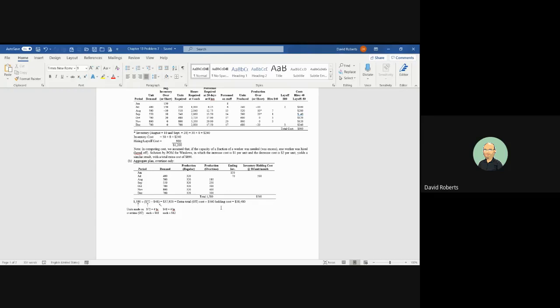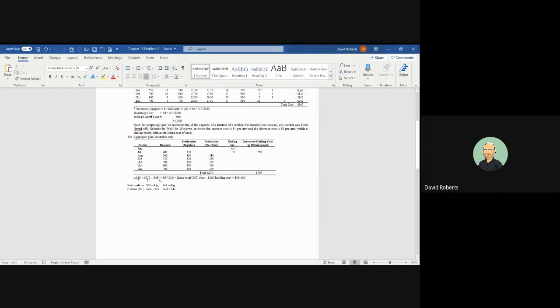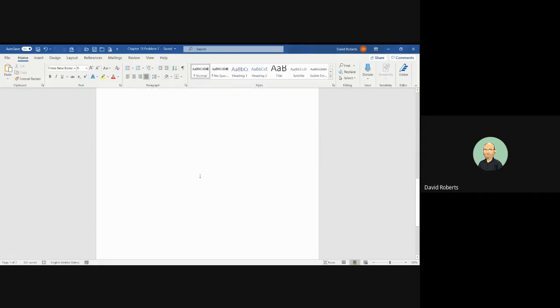So there's extra. You would have had to pay the 48 anyways. And you multiply the 1,580 units that you're going to make with overtime, and you wind up with 37,920 plus the holding cost of 560 for an extra cost of 38,480. And that's how you solve this particular problem.